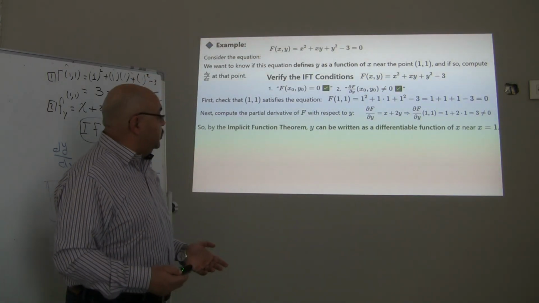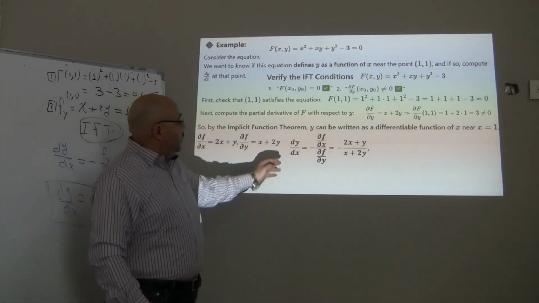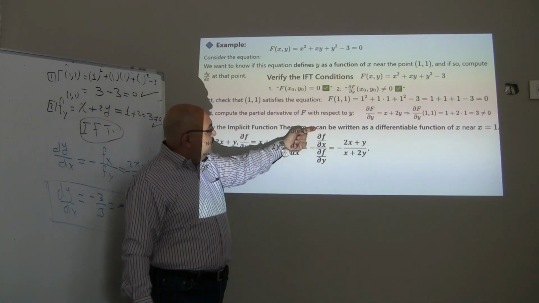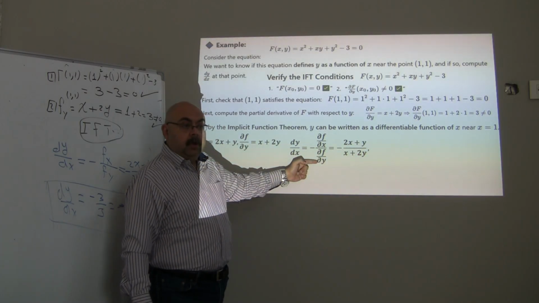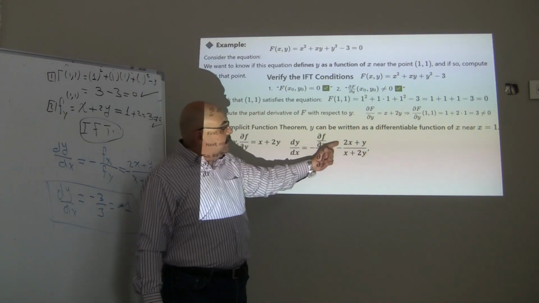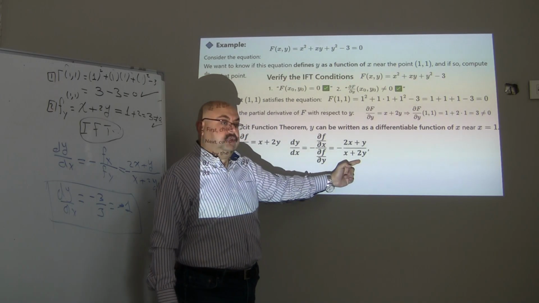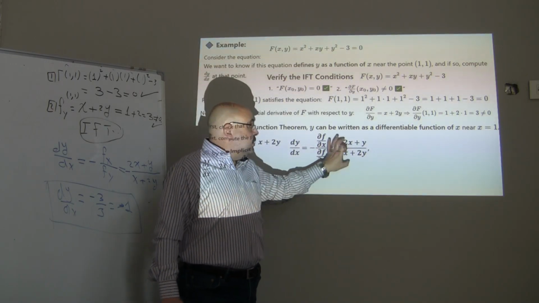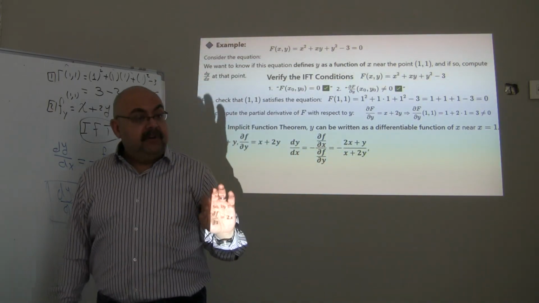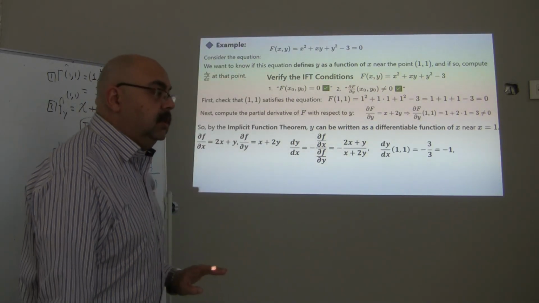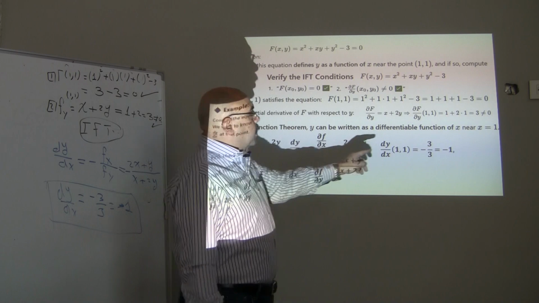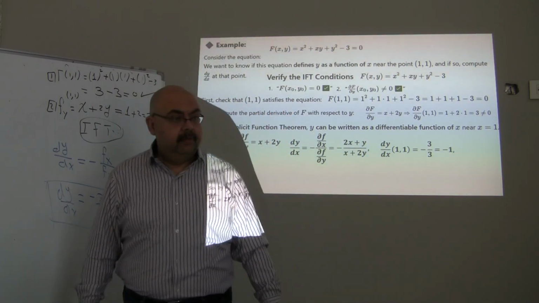Now I will start using the implicit function theorem, which states that dy by dx equals negative partial f partial x over partial f partial y, which is simply going to be negative 2x plus y over x plus 2y. You need this implicit function derivative specifically at the point 1 and 1. Start substituting, and in a second you will have the value in front of you.